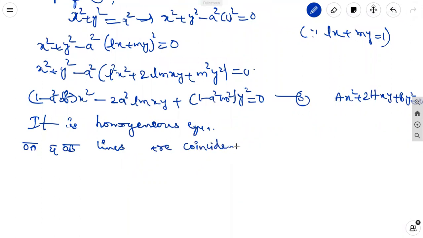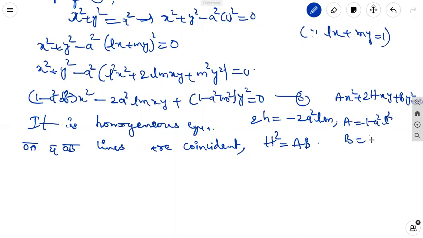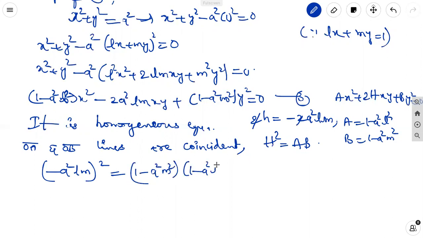Those lines are coincident means the relation is h square equal to ab. Here 2h is nothing but minus 2a square lm, a is equal to 1 minus a square l square, b equal to 1 minus a square m square. 2h means here 2 get cancelled. h is minus a square lm, whole square is equal to (1 minus a square m square) into (1 minus a square l square).